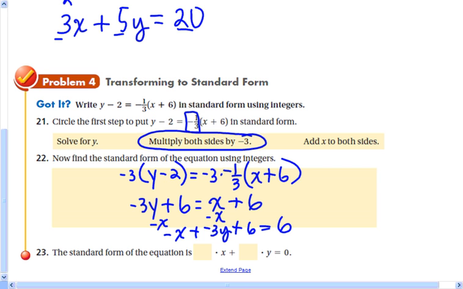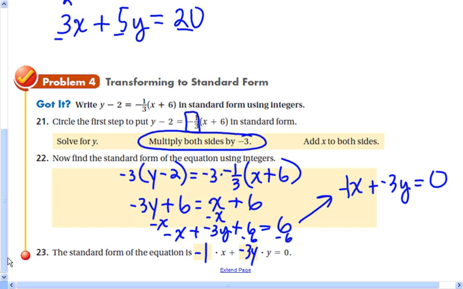And if I subtract 6 from both sides, I end up with -x plus -3y equals 0. And -x is the same as -1x. So those are integers. -1x plus -3y equals 0.